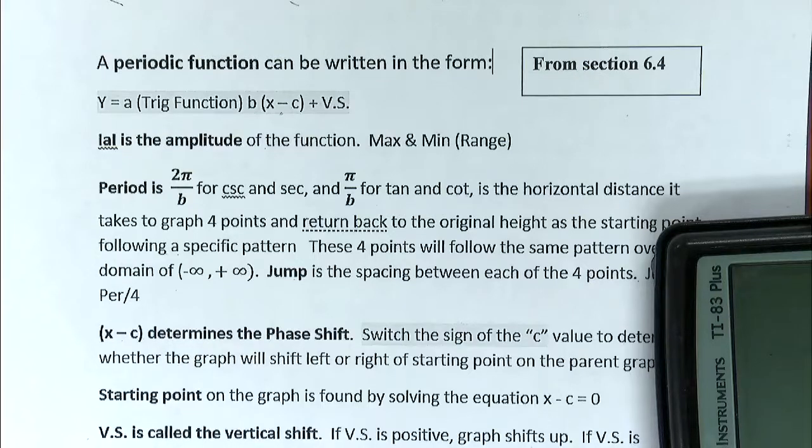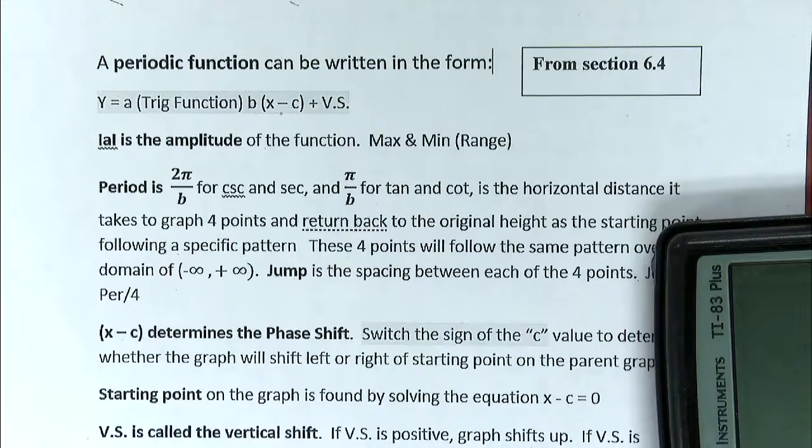So on tan and cotan, you got to have a better understanding of upper, middle, and downward, only because it doesn't have a max and it doesn't have a min. So basically, do you see that this number all the way at the end, not trapped in parentheses with the x, all by itself, it's a constant. If there happens to be one of those, that can affect the middle level.